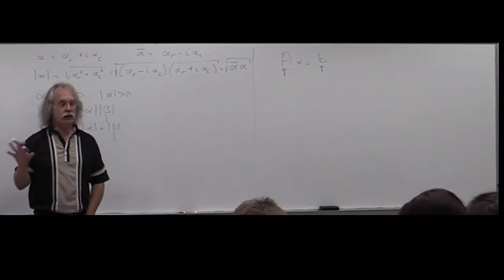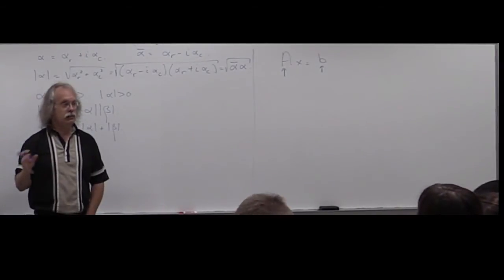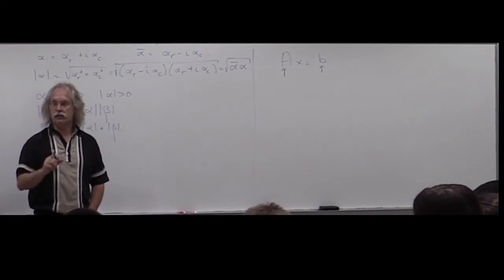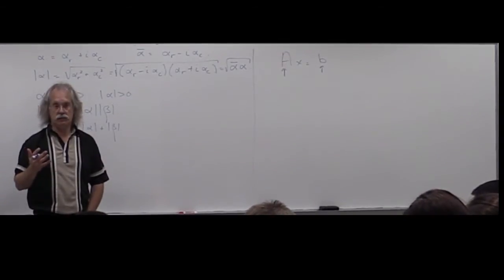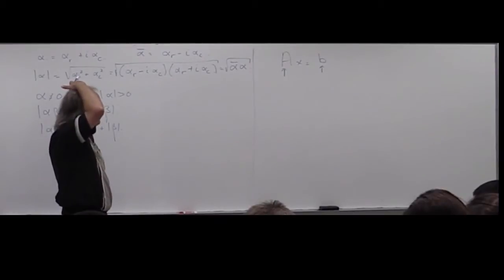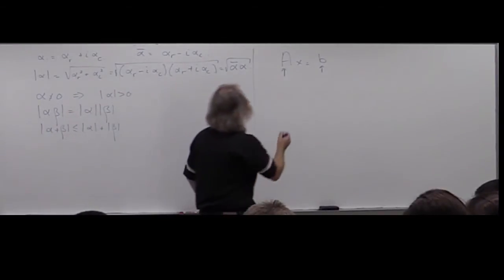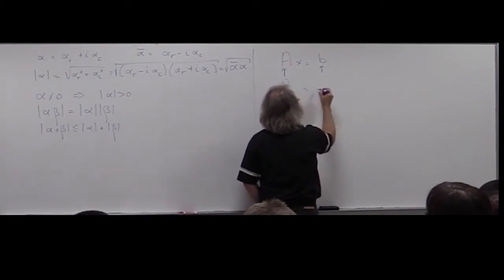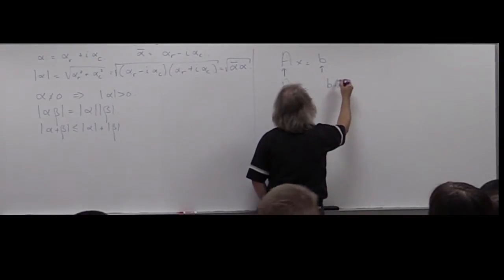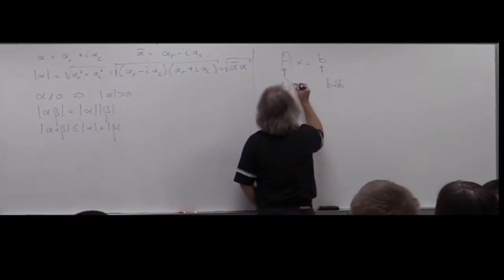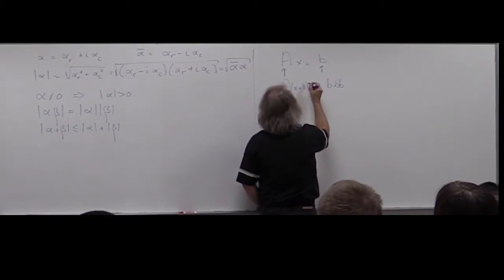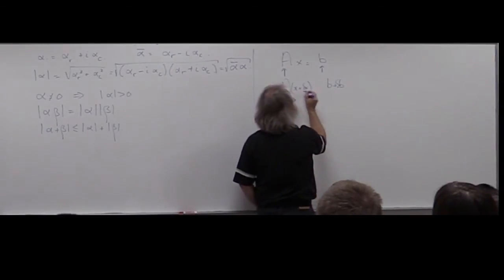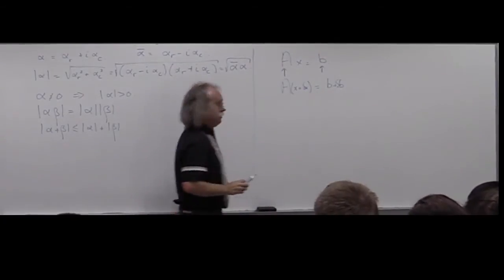Or if there's no error in B when you measure it, there might be error in B when you plug it into the computer and you represent B as floating point numbers. So inherently what happens is that you really end up trying to solve B plus some change to B. And notice that therefore the result is not exactly X, it's some perturbed version of X.